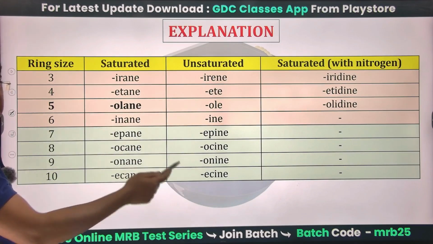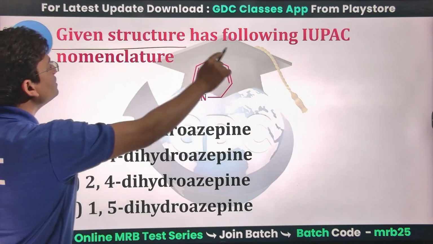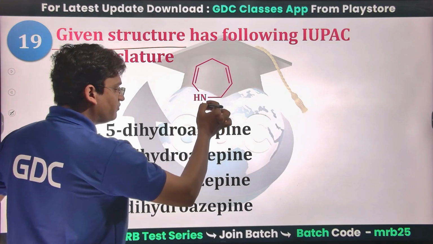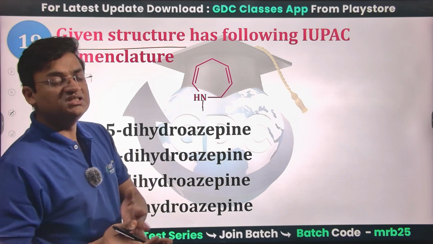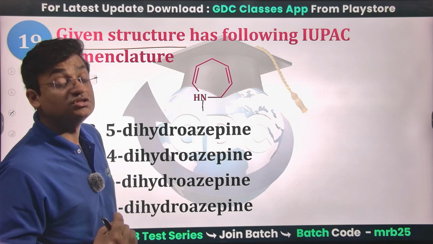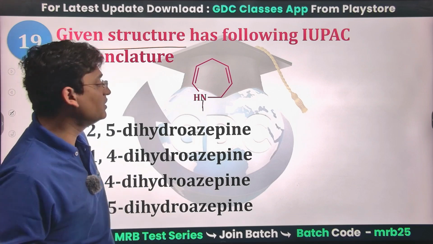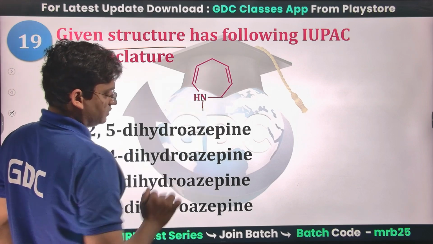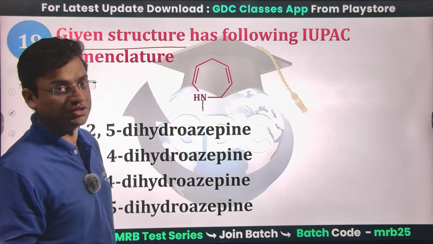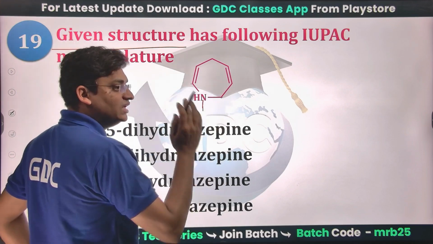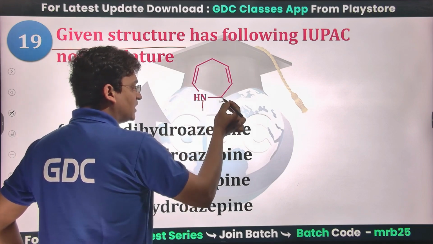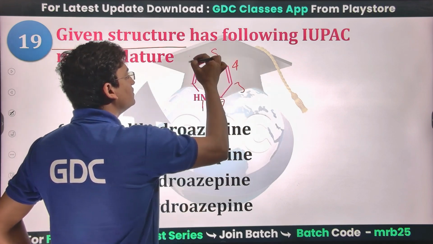So this is the table that we have already discussed earlier. The given structure has the following IUPAC name. What will be the IUPAC name of this structure? Alright, so this is our first position. Numbering of these heterocycles always starts from the heteroatom. Now, the least number will be given either here or here. In these kinds of structures, we generally give more preference to the saturated carbon, which has only single bonds, while this one has a carbon double bond. So this is unsaturated, this is saturated. So second will be given to this position, then third, fourth, fifth, sixth and seventh.